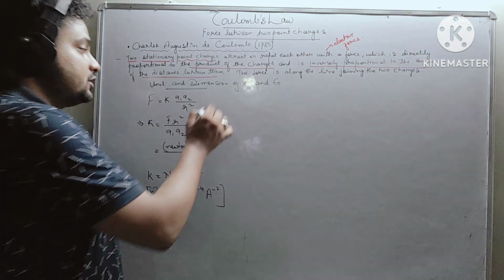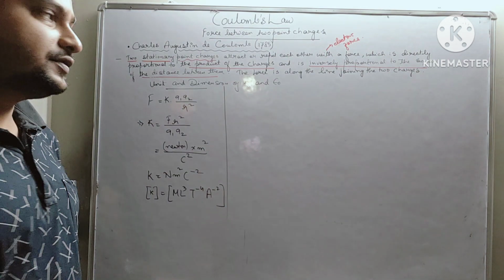Now the unit and dimension of epsilon naught is also very easy.